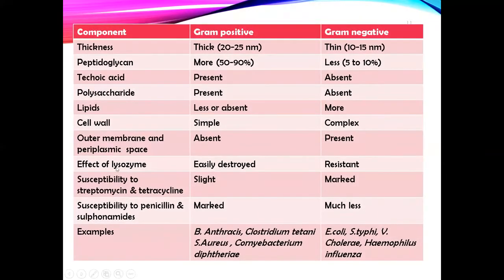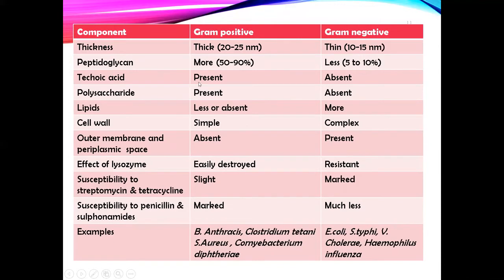So this is the difference between gram-positive and gram-negative bacteria. That is the thickness: in gram-positive bacteria the cell wall is thick, while in gram-negative it is thin. Peptidoglycan content is 50 to 90% in gram-positive and 5 to 10% in gram-negative.